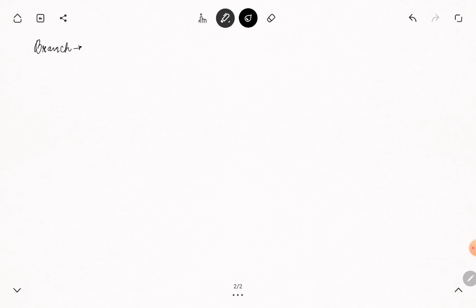What is a branch? A branch is a path that connects two nodes.